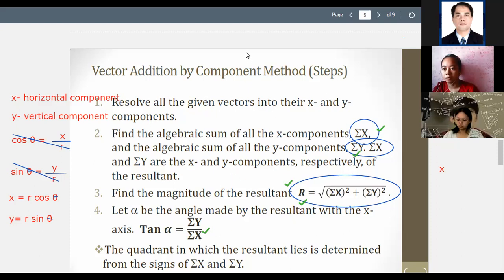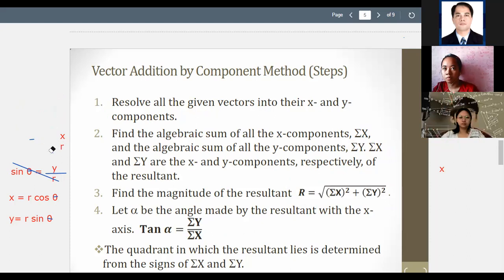So that's how we use the component method. What I want you to remember are these very important equations that I leave.